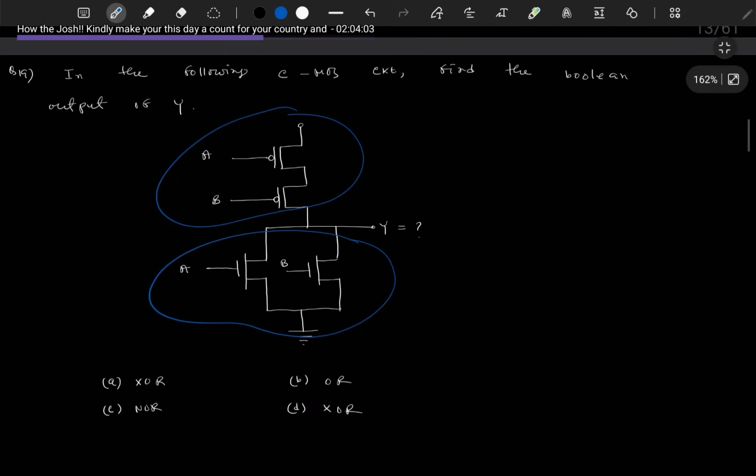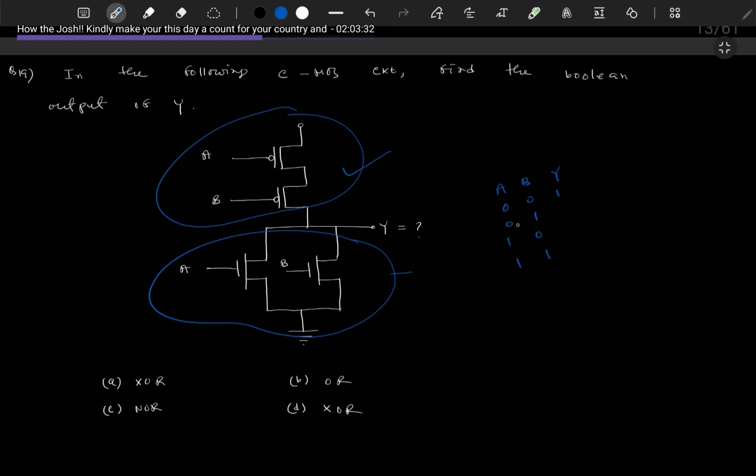So using that concept to check: 00, 01, 10, 11. For AB 00, PMOS will be on and NMOS will be off, so Y will be 1.